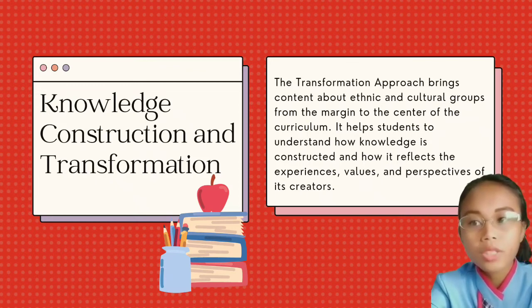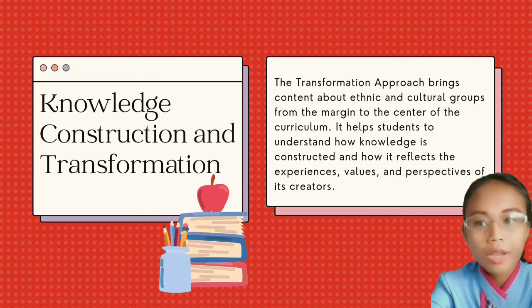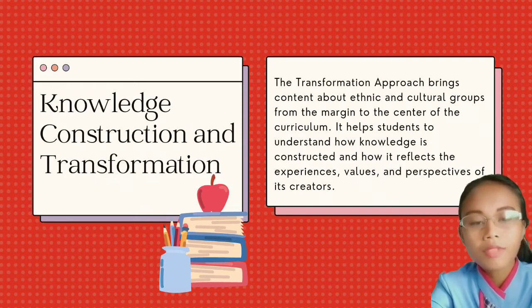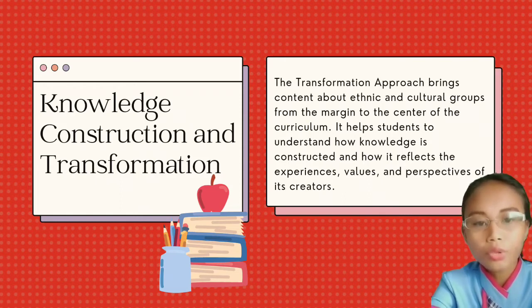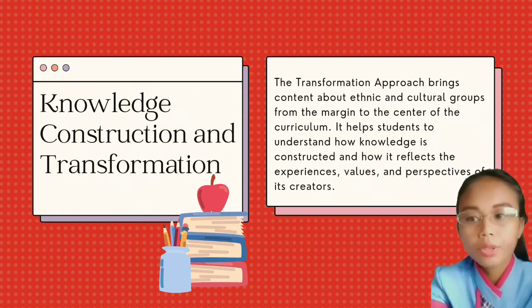In this approach, the structure, assumptions, and perspectives of the curriculum are changed so that the concepts, events, and issues taught are viewed from the perspectives and experience of a range of racial, ethnic, and cultural groups. The center of the curriculum no longer focuses on mainstream and dominant groups, but on an event, issue, or concept that is viewed from many different perspectives and points of view.